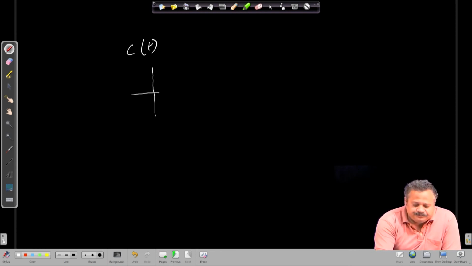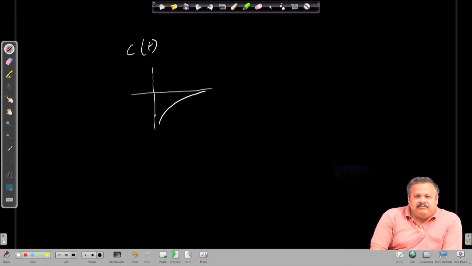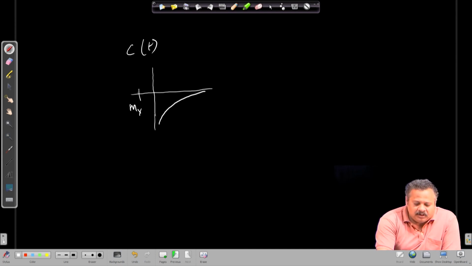As we have already discussed, CT is simply like a recovery. This is the effect or modulation on the membrane potential on this axis, and this is time from spike, for every spike.